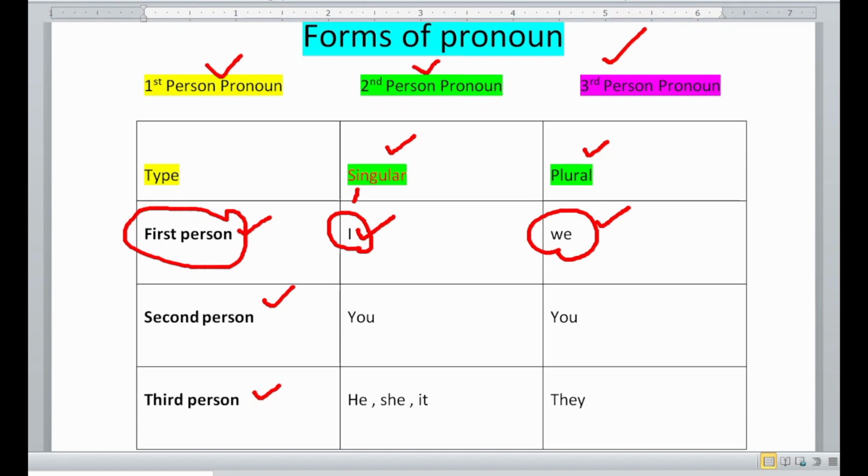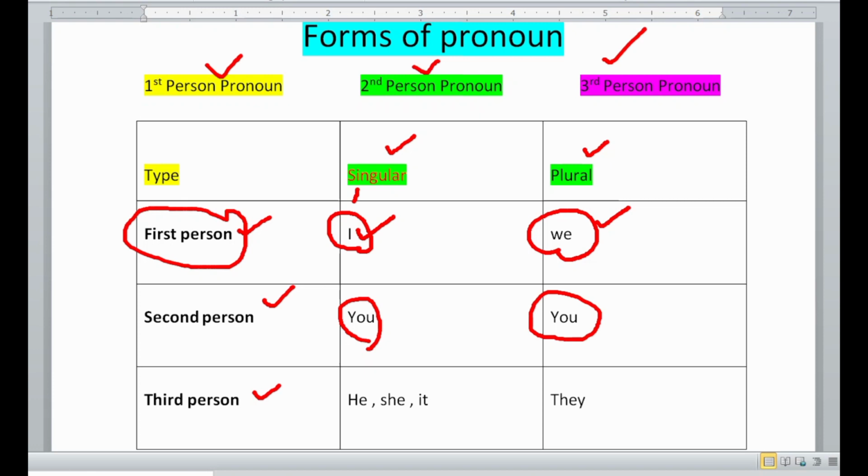Now second person. In second person, you and you are written here. One is singular and another is plural. For example, the students who are sitting in front of the teacher, we are taking the same example, the teacher will use you.